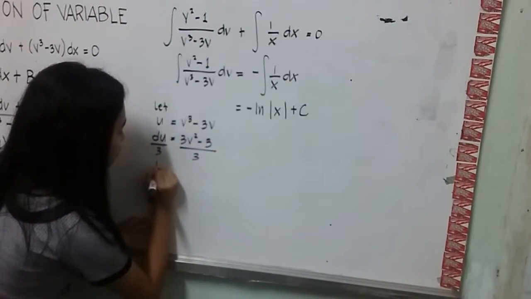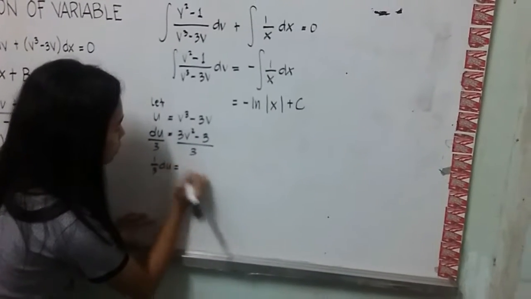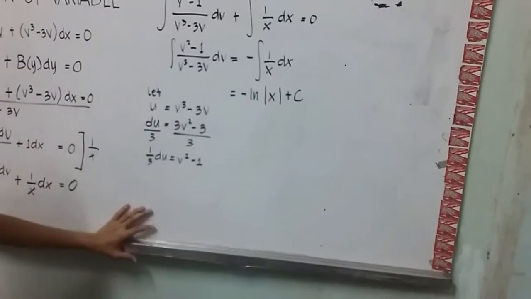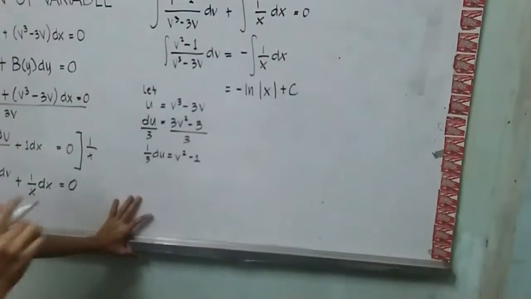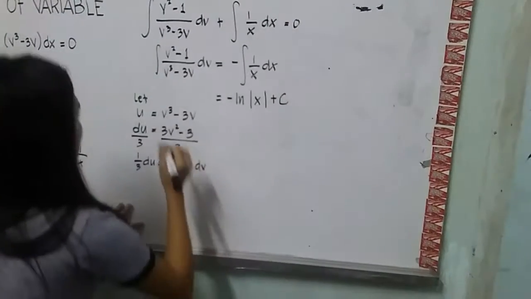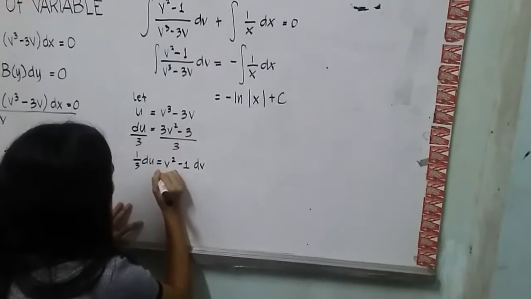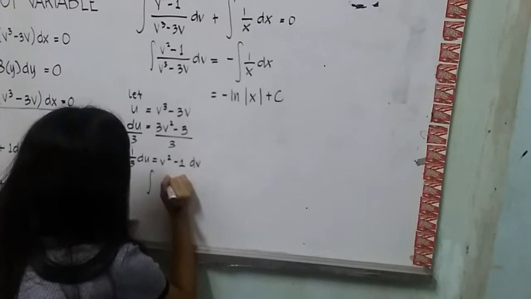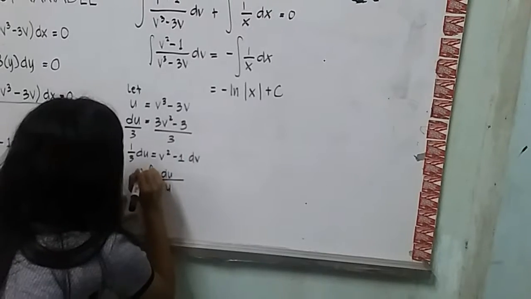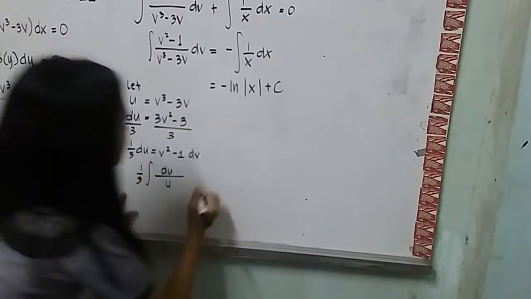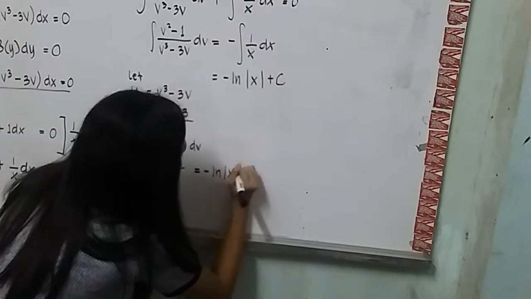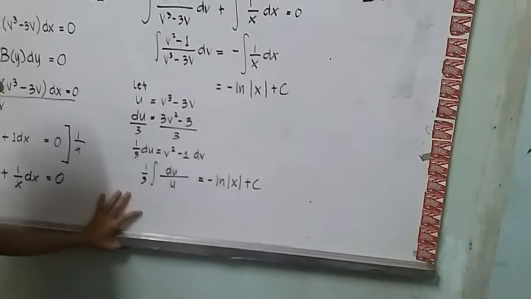So 1/3 du is equivalent to (v squared minus 1) dv. So here it is. So we can transpose this into this. We will have 1/3 du over u equals negative ln x plus c.